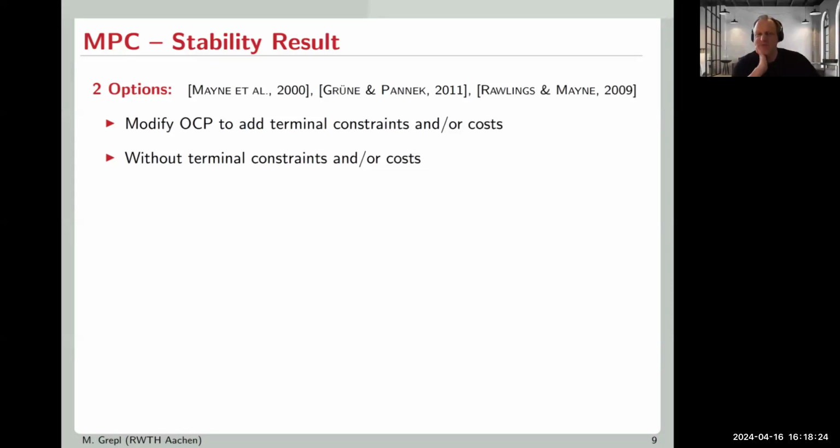By modifying your optimal control problem that way, you can then show stability. This is not really done in practice because it's quite complicated and not clear how to choose those constraints.